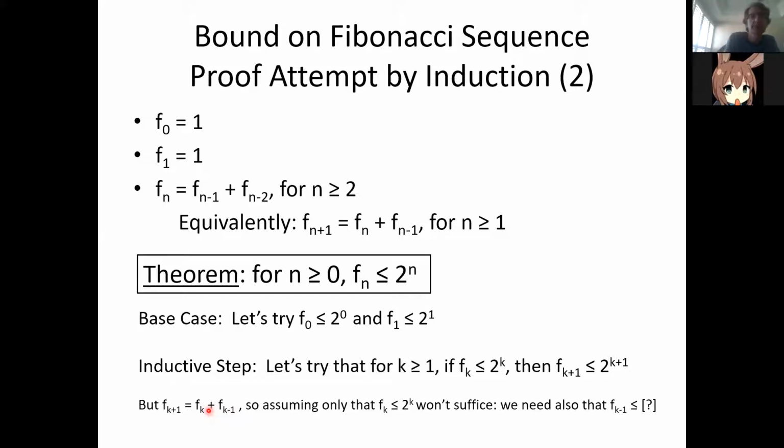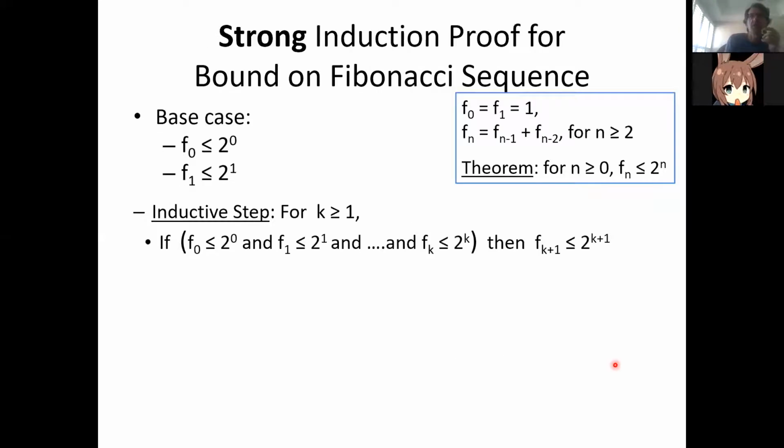What is the next pair? f_k and f_{k+1}. About f_k, we don't really need to prove anything because that was what we assumed. So the only thing we need to prove is that this guy is bound as well, right? And now you have rescued standard induction, and it can be applied here, but let's generalize it. And that would be the strong induction.